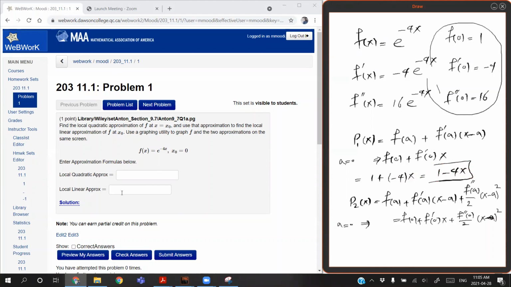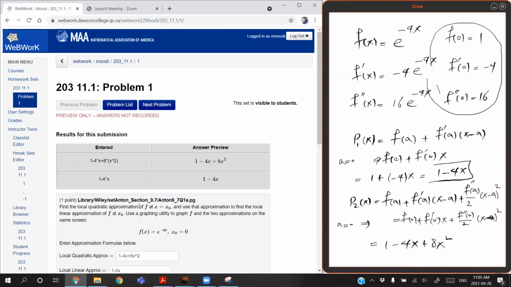That's the answer for the linear one. And then for the quadratic one, it's going to be 1 minus 4x. So the first two are going to be the same. And then for this one, I get 16 over 2, which is 8, x squared. So 1 minus 4x plus 8x squared.